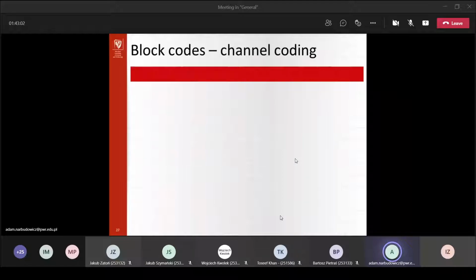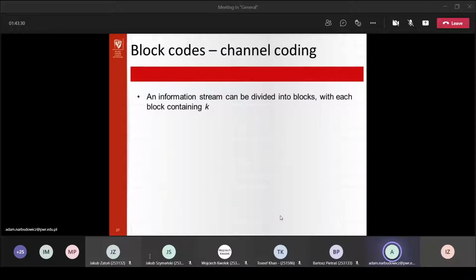Nowadays, what is very commonly used are block codes, and this is done in the context of channel coding. How does it work? Basically, the name reveals quite a lot. We have a constantly flowing stream of information, and this information is divided into blocks of equal length.